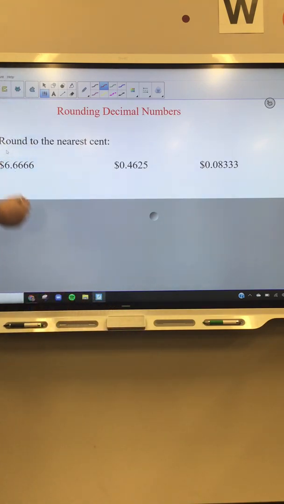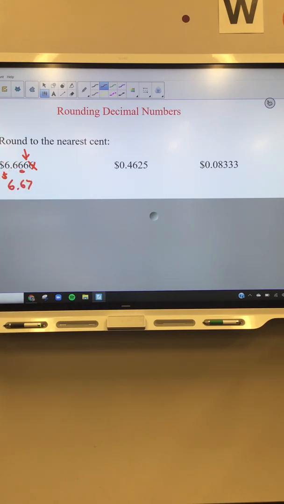All we're really looking to do is say, do I keep this as a 6, or do I bump it up to a 7? 7 pennies, 7 cents. I don't even care about this guy, I'm just looking at the very next one over to say, is it more than halfway to the next penny, or is it less than halfway? In this case, Sam? More. So we would actually bump this up to $6, 6 dimes, and now 7 pennies.